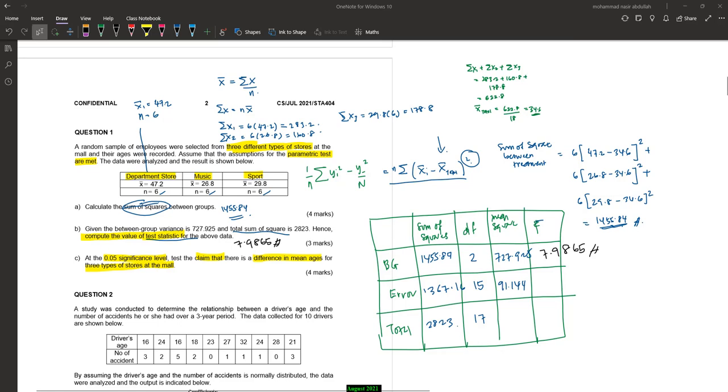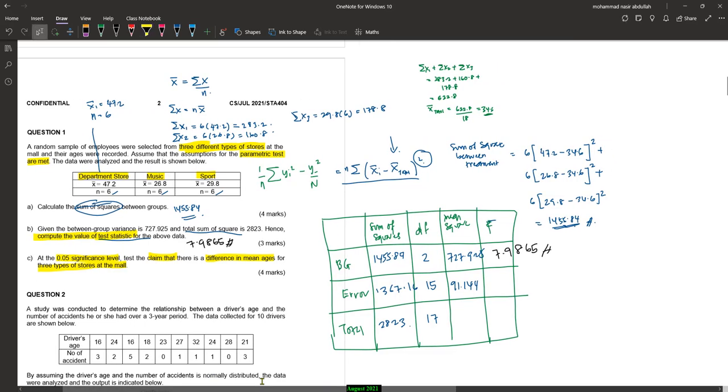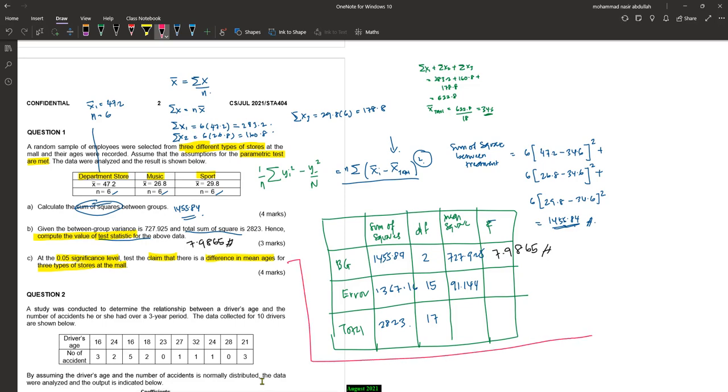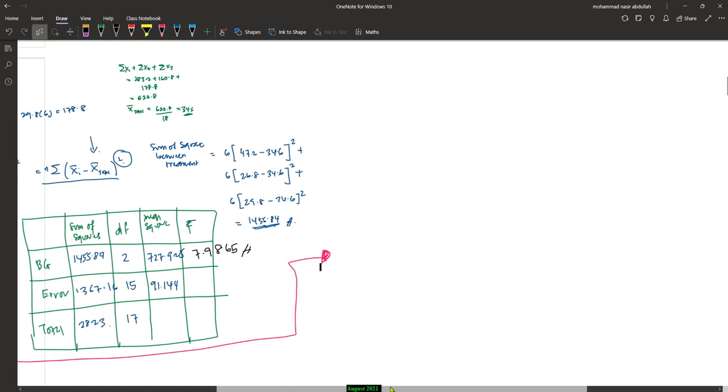So we need to create a hypothesis testing. So I bring it here, using this one. Right, so we need to create a hypothesis test. This is actually 4 marks.